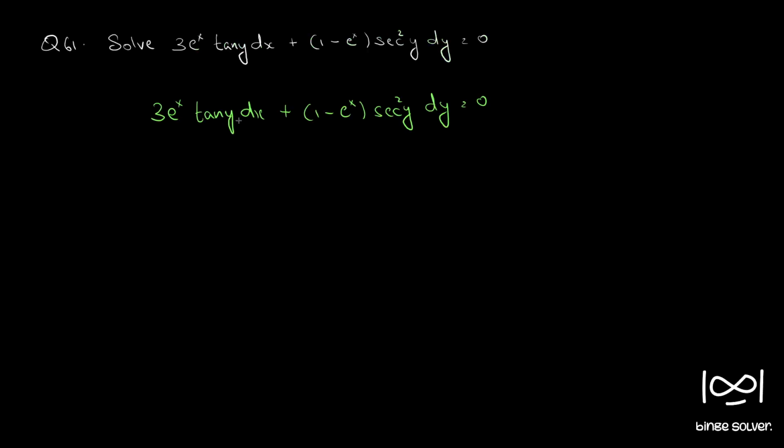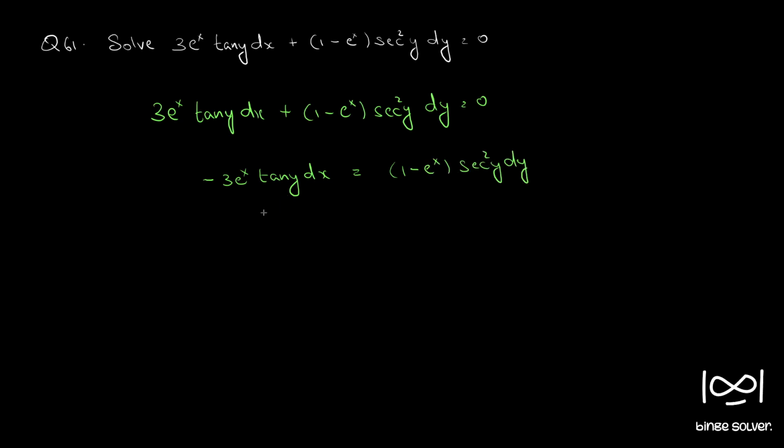So let's see. First let's take this to the other side, so that becomes minus 3 e raised to x tan y dx is equal to 1 minus e raised to x sec square y dy.